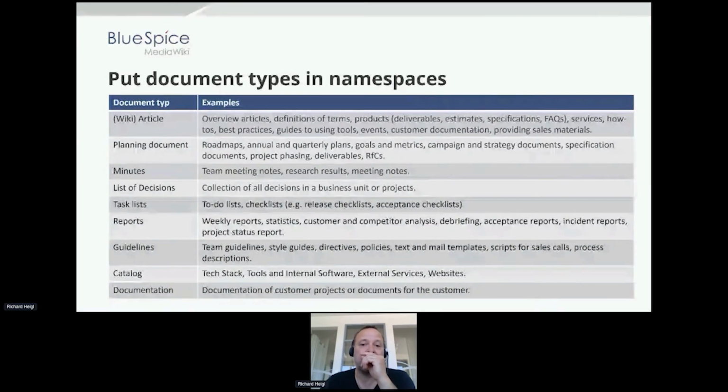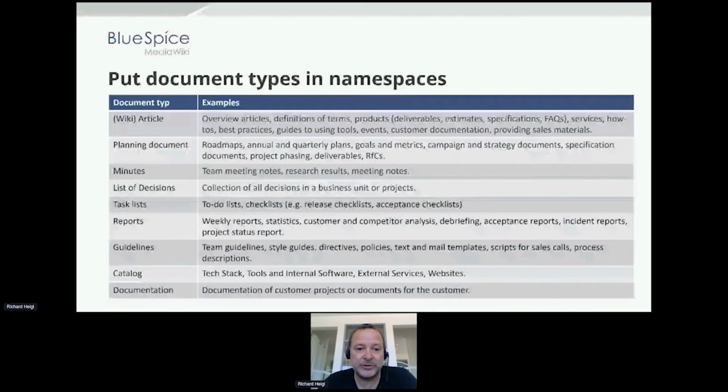And now we suggest to put all those document types in namespaces, because we do this nearly daily. Minutes or reports in certain namespaces. Okay, but now I have a problem. What if marketing has a list of decisions?